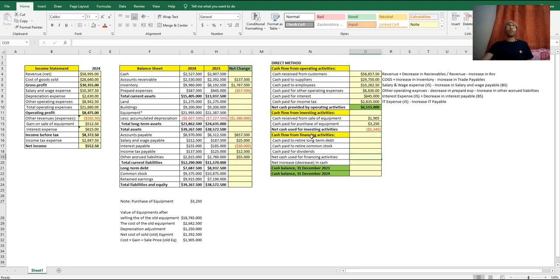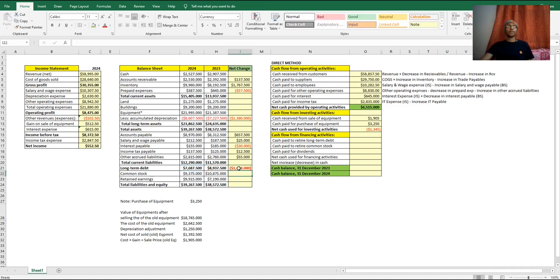Now cash flow from financing activities. Cash paid to retire long-term debt. This is equal to the change in long-term debt that has happened. So this is equal to this change, because no other information is available. This minus this.